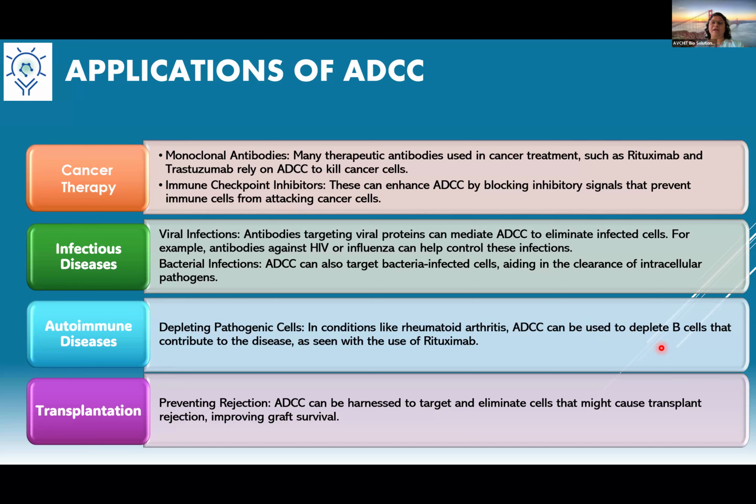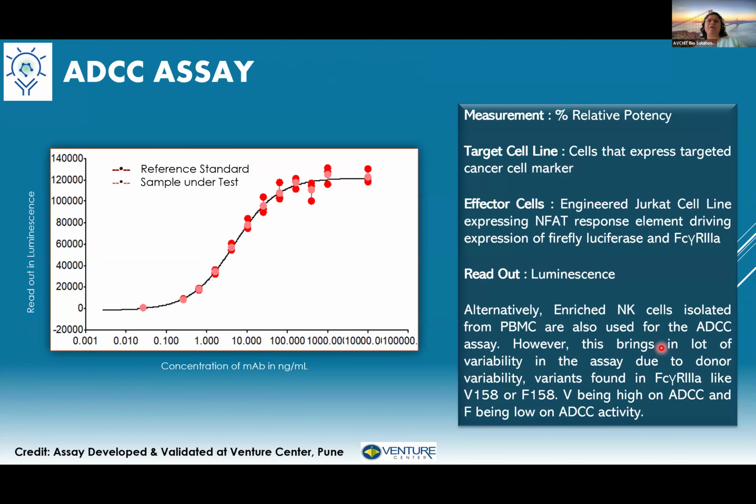Transplantation: generally, graft rejection can be reduced or avoided by enhancing the ADCC activity, where the cells that are involved in graft rejection can be eliminated by ADCC. So these are some of the applications of ADCC assay, and can be utilized very well across different functions and treatment modalities. Now let us look at a very typical ADCC assay, how it looks like.